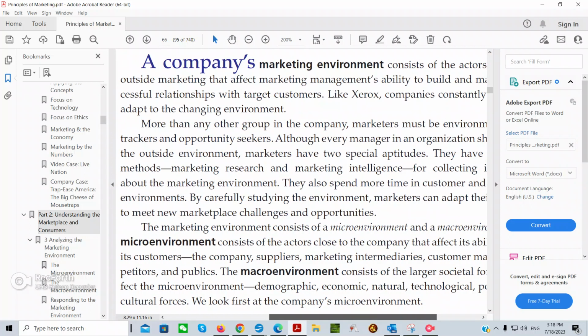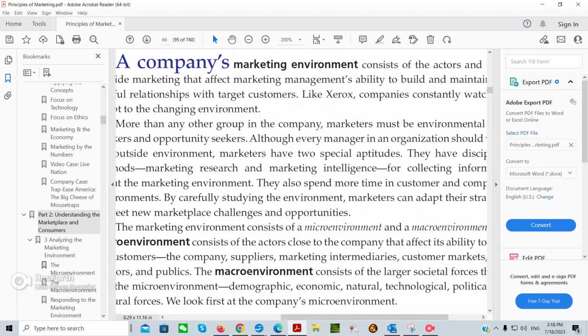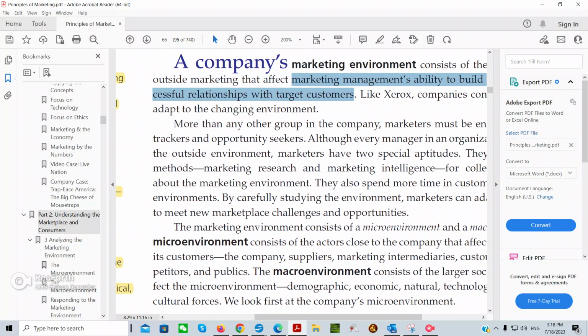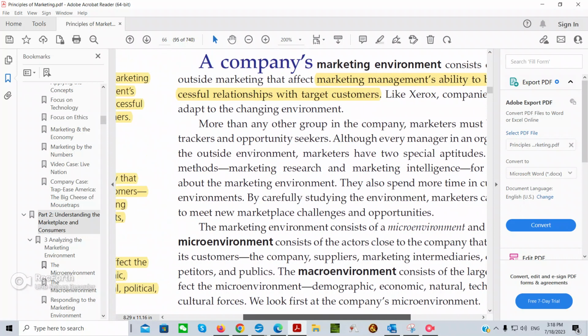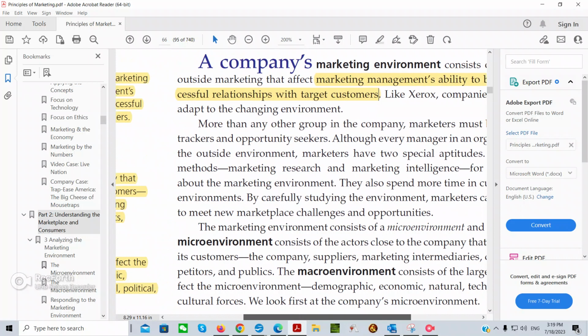the company's marketing environment consists of actors and forces outside marketing that affects marketing management's ability to build and maintain customer relationships with target customers. Like Xerox, companies constantly watch and adapt to the changing environment.